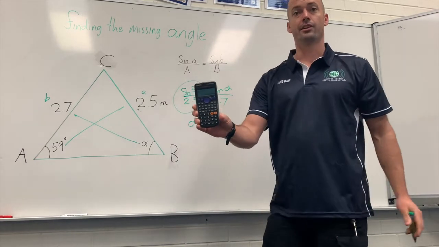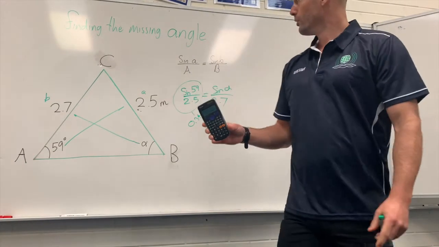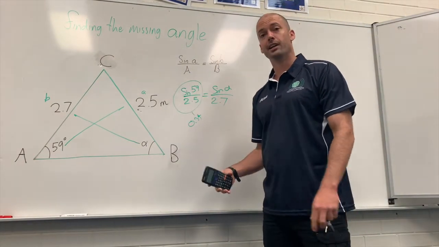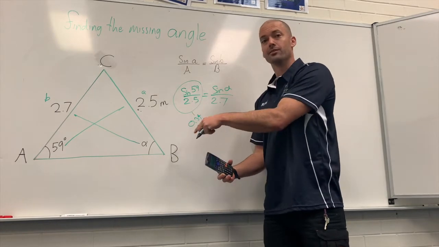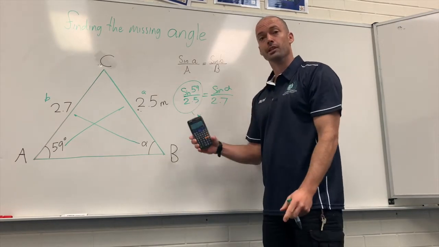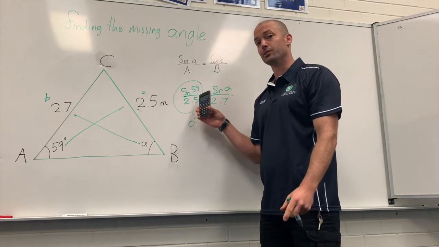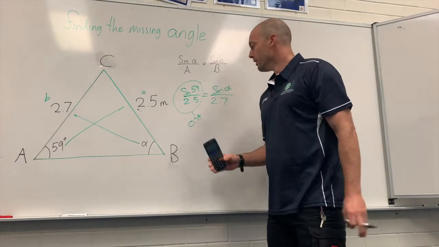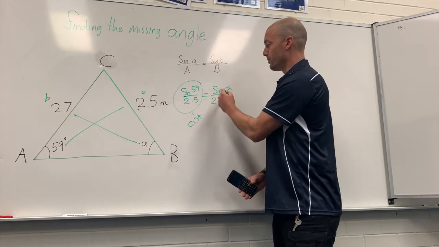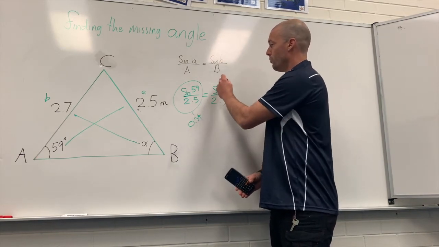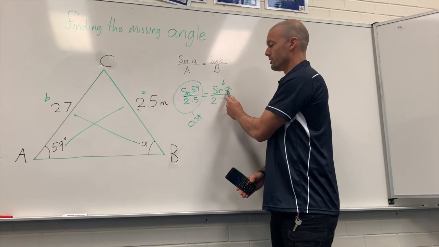I'm going to leave that on the calculator. Remember, when you press sine of 59, press equals, then divide it by 2.5, or close the brackets. But you don't want sine of 59 divided by 2.5 as one thing. So this is 0.34, but we are after just this bit.